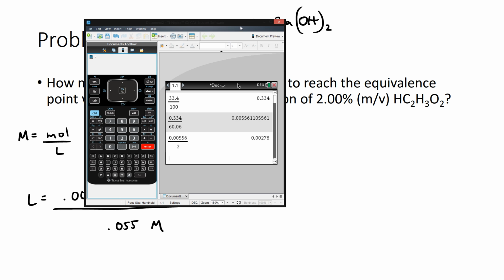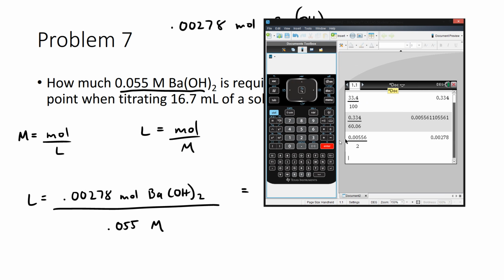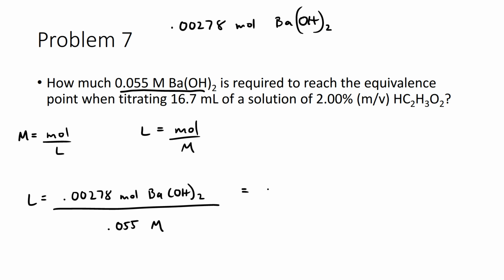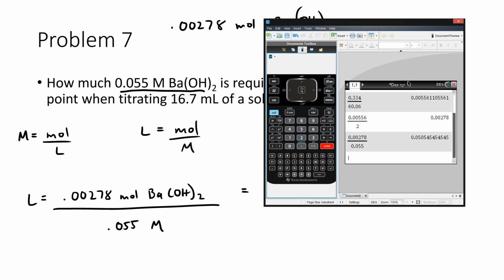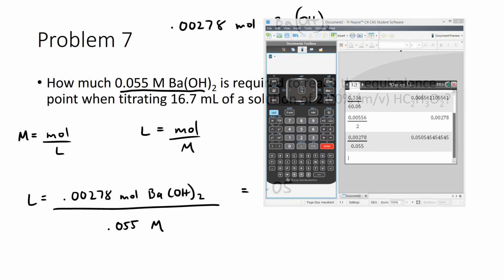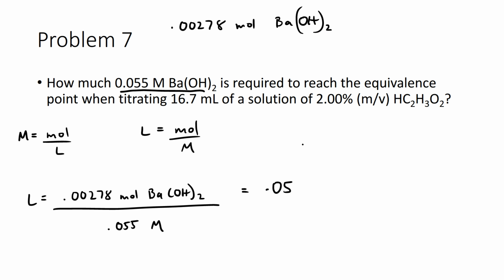We'll calculate this. 0.00278 divided by 0.055, and that's going to be 0.0506 liters.